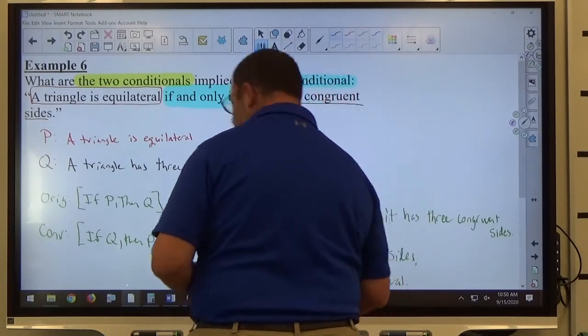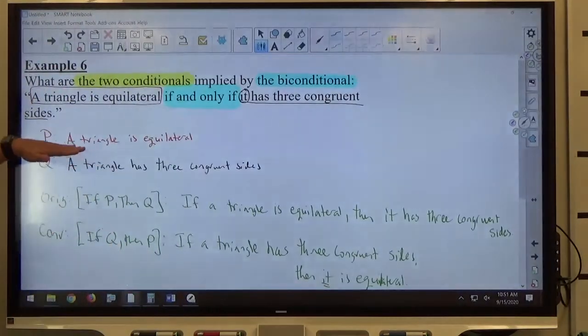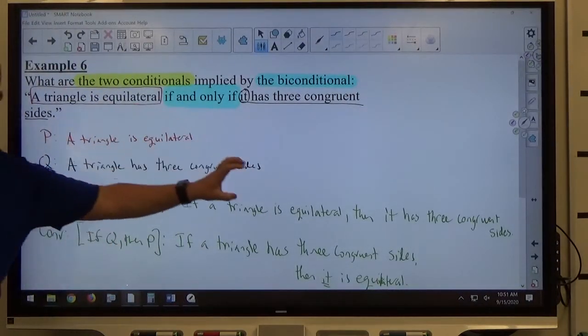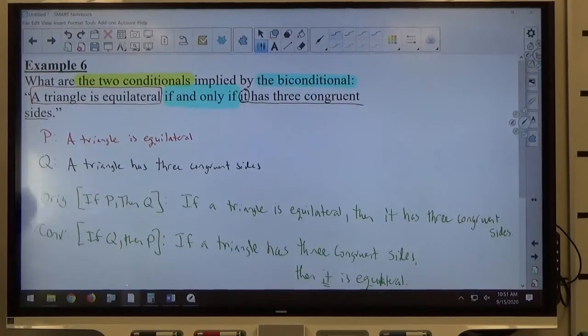And notice you're going to use it there. So in these, write triangle, triangle, but then where you want to use it, put it in the second part of the statement. And again, that's the two conditionals implied by a biconditional. That's how you write them.